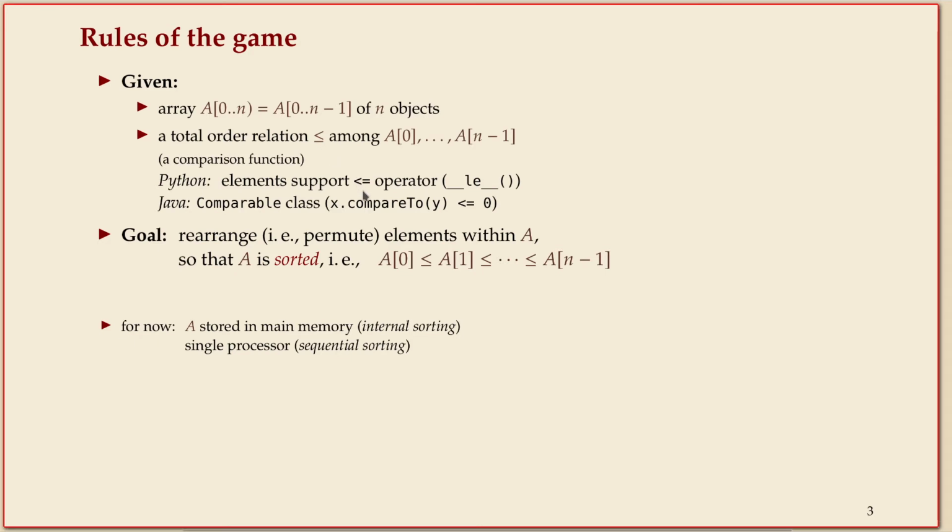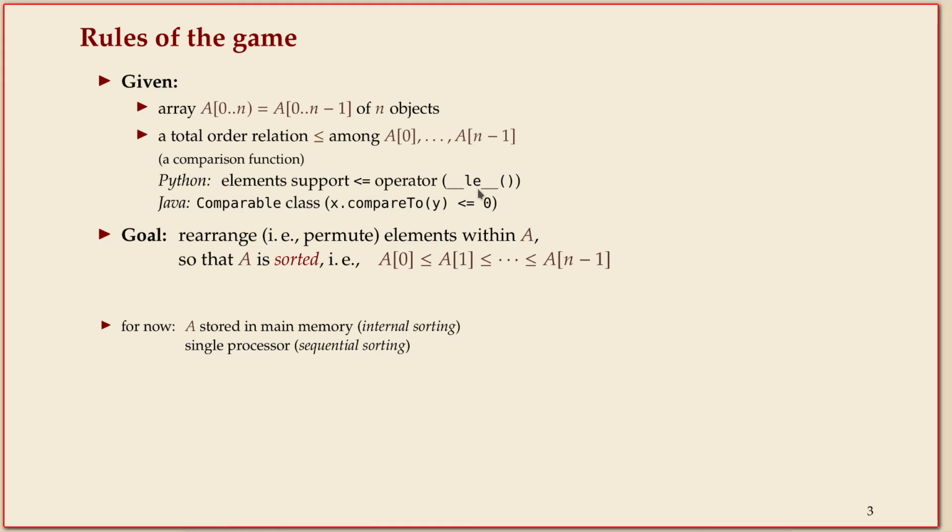In Python, the way to write this is just this less or equal operator. Note that you can override this for custom classes. So you can define your own types. You can define new classes, and you can implement this special function with a double underscore. And then if you type in your program the less or equal operator for your custom objects, it will just call this function.